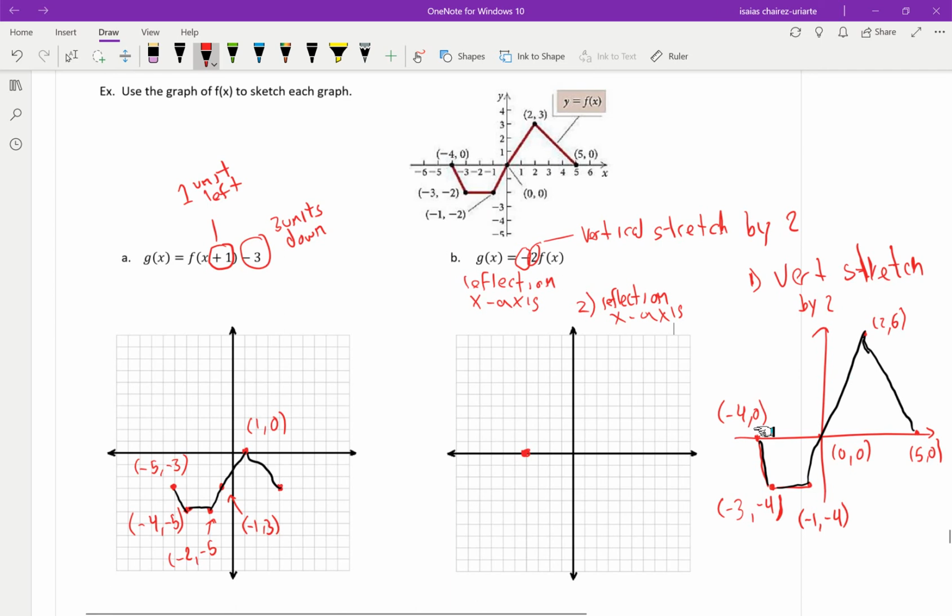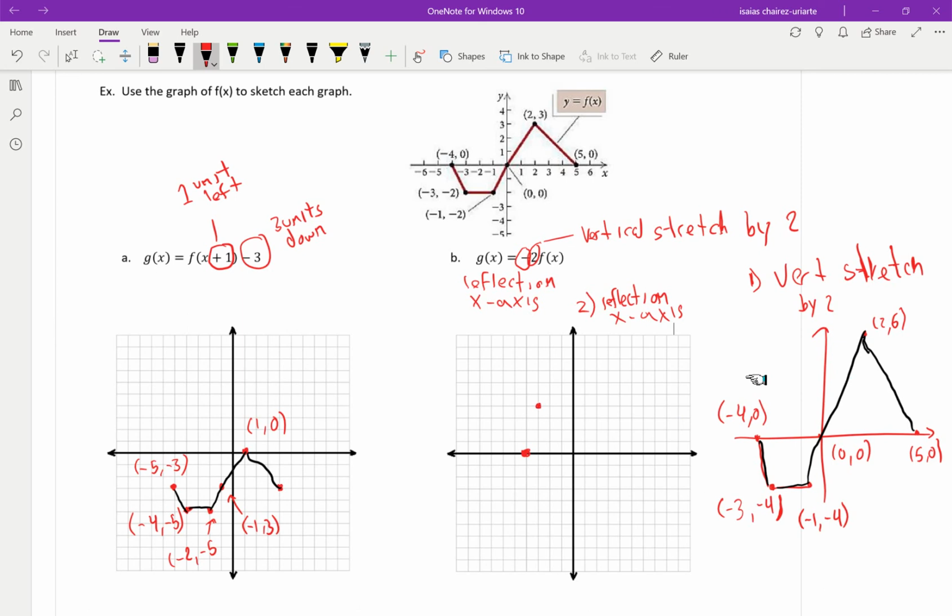So this point is already on the x-axis, negative 4, 0, so it doesn't get reflected, it just stays there. But now this other point, negative 3, negative 4, is going to become negative 3, positive 4. That's right there.